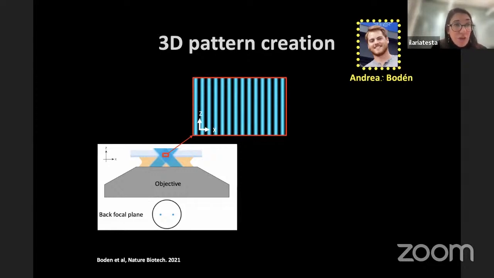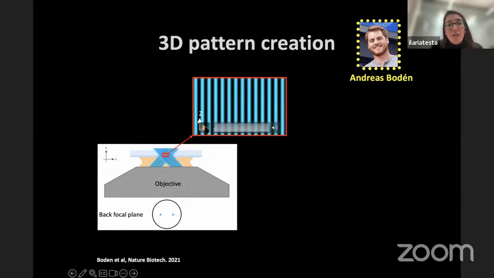This is typically used in structured illumination microscopy, right? So what you do, you focus on the back focal plane two points, and then, if you want a very fine periodicity, you try to space these dots as much as possible. But if you look at that sideways, so axially, you will see that they look like tubes. So you don't have modulation axially.